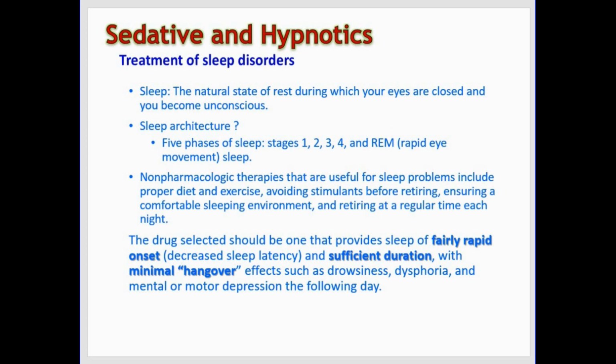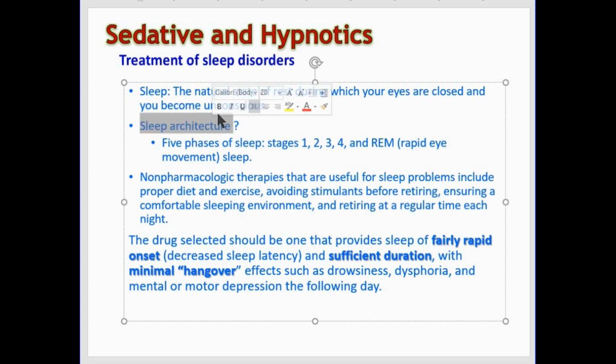Okay, so now we know all the drugs. How are we going to treat sleep disorder? First we need to know what the natural state of sleep is. We all know what sleep is, but we want to talk about sleep architecture, which we just discussed, NREM and REM sleep.